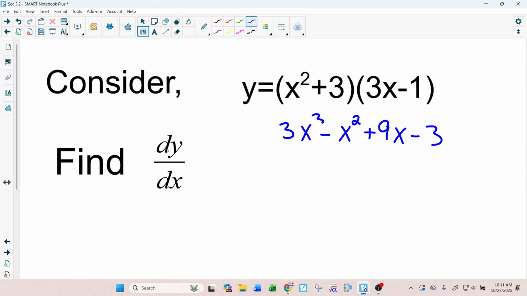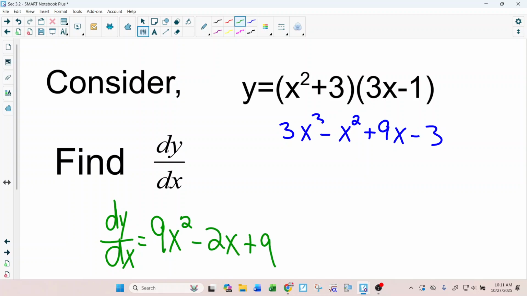Now, if it then asks us to find what is our derivative, dy dx would be 9x squared minus 2x plus 9. Okay.